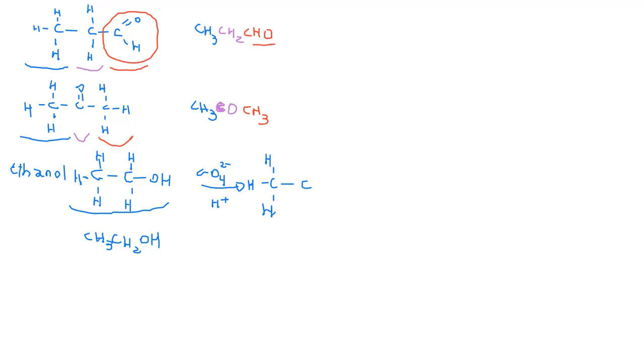And the carbon bearing the OH is going to form a double bond with oxygen. And the product is going to lose a hydrogen, and we obtain an aldehyde. This is the product of the oxidation of ethanol. Let's write it here.